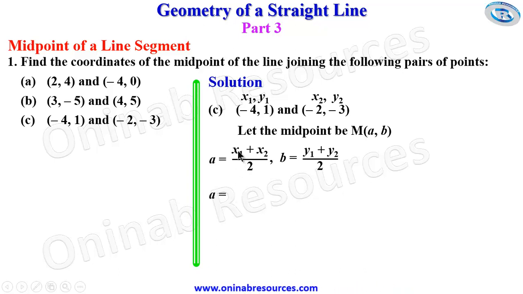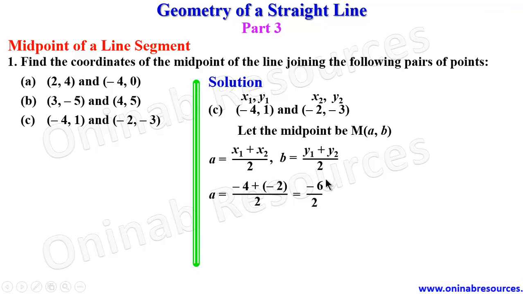Starting from a, our x1 is -4, our x2 is -2, so -4 plus -2 divided by 2. Then -4 plus -2 gives -6, then divide by 2. That gives our final answer to be -3, which is the value of a.